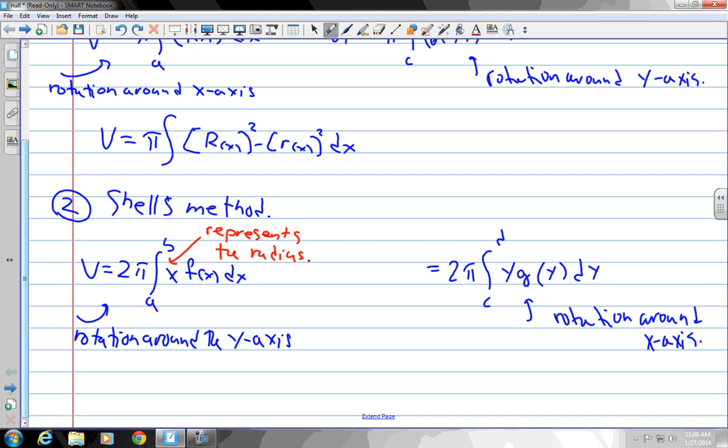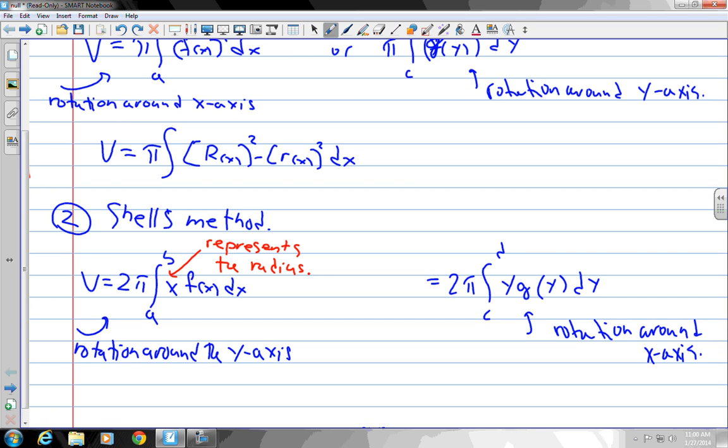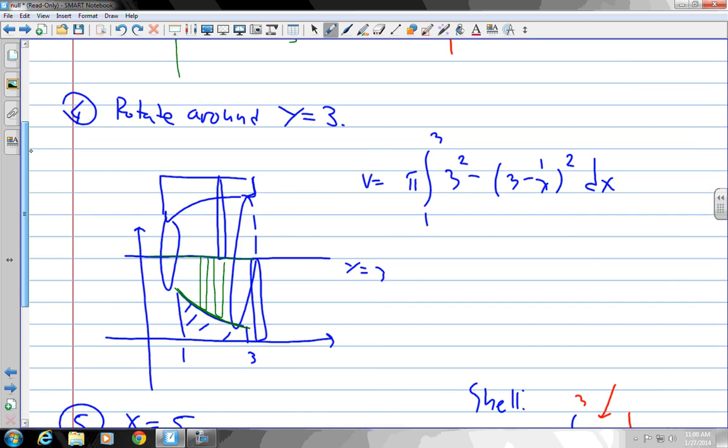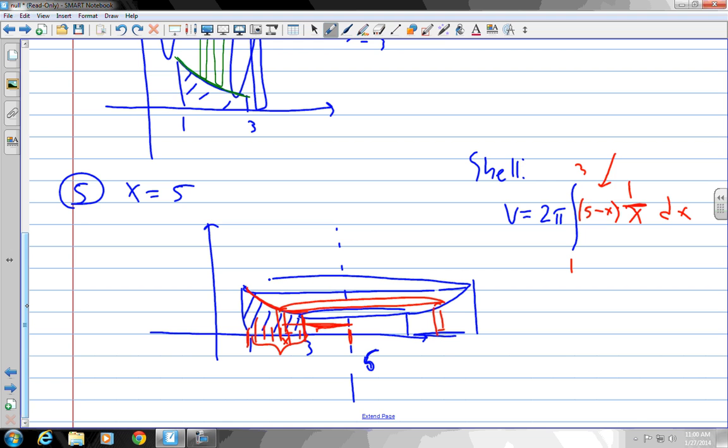So if you just keep that in mind, the radius of each shell, it will help us to figure out the formulas. How's that? Is that good?